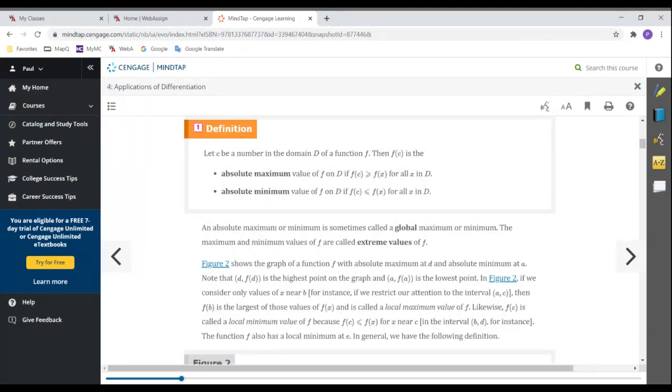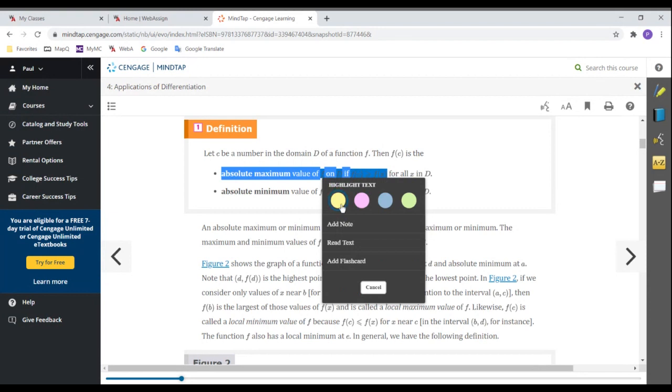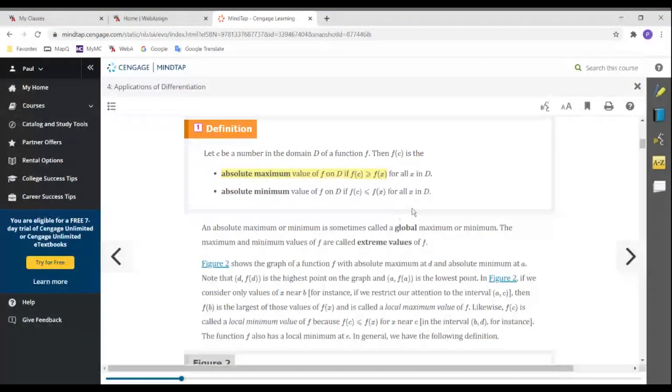For instance, they say the absolute maximum value of a function on a domain is f of c if f of c is greater than or equal to f of x for all x in the domain. That's a formal definition, and that's fine, but I think it's very helpful for students to see examples, and then the examples will reinforce the definitions.